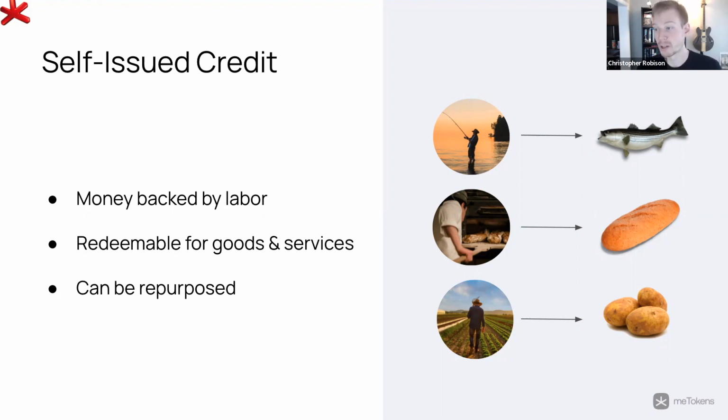So the way that this would work is the value of a person's own currency would be only as good as their ability to redeem that token or that self-issued credit for goods and services. So for example, a fisherman might issue some self-issued credit, and an individual could trade that for a fillet of fish. A baker could issue a token or form of money, and you could swap that for a loaf of bread. If you had a farmer's token, you could trade it for some crops.